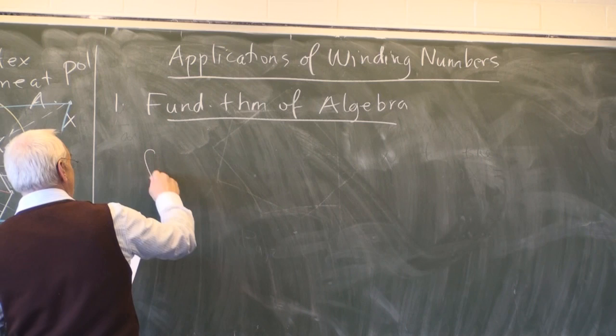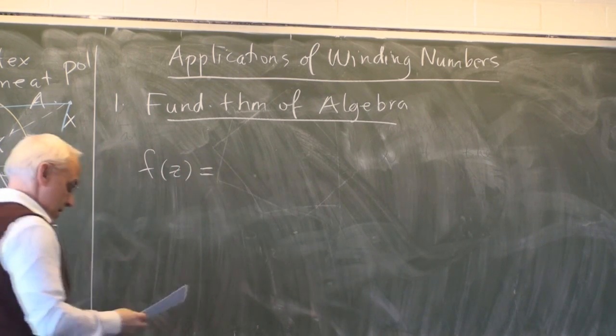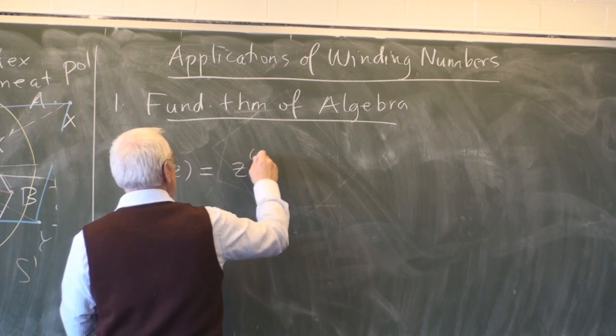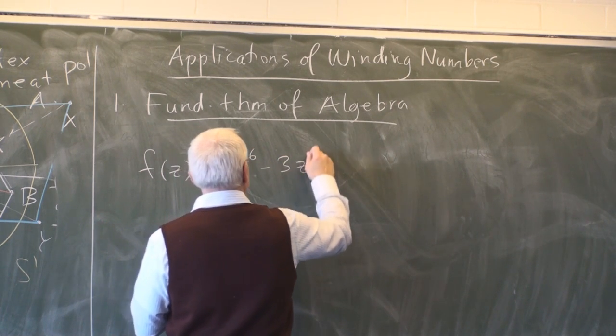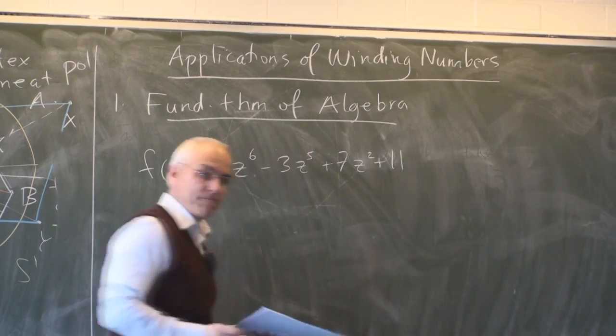Well, it says that if you have a polynomial, let's say f of z, I'll use this polynomial as an example, z to the 6th minus 3z to the 5th plus 7z squared plus 11.